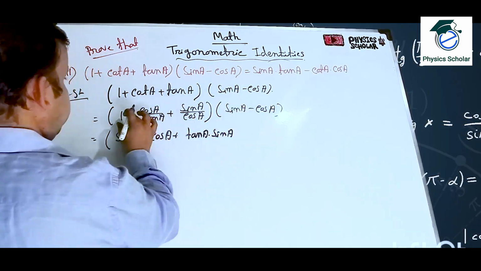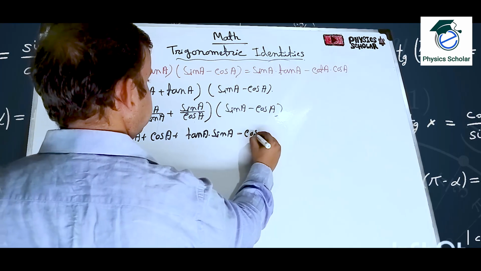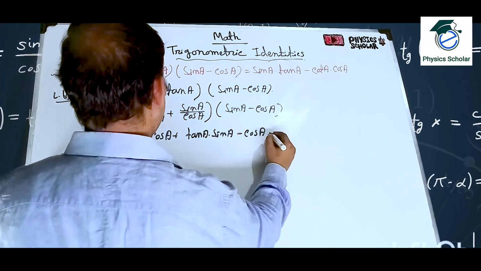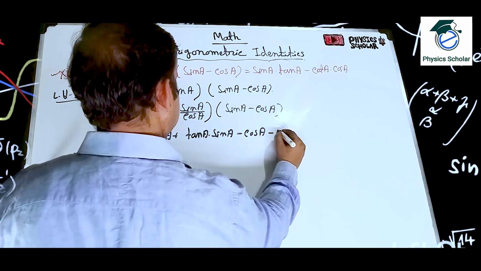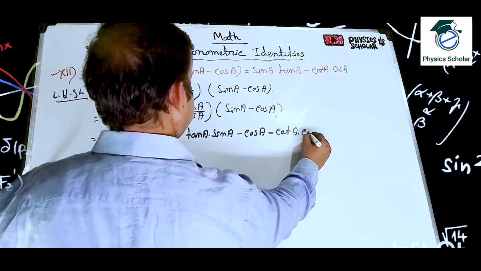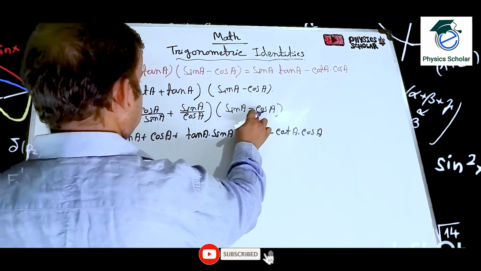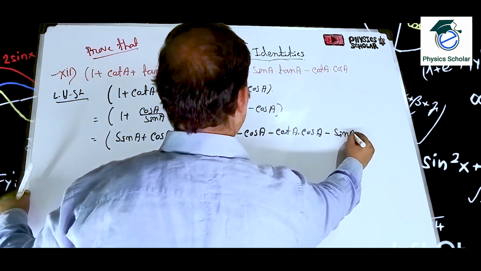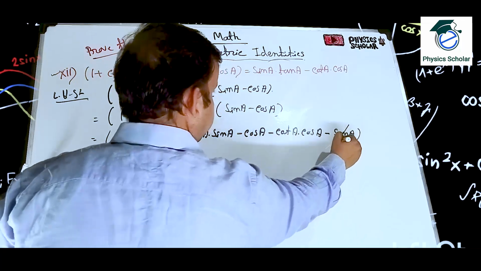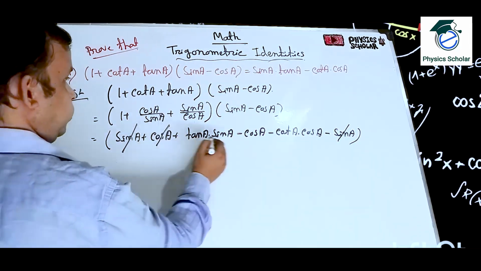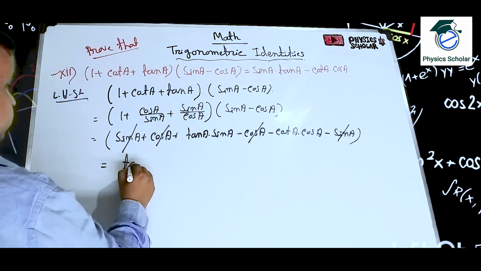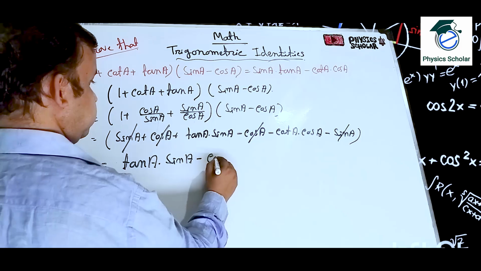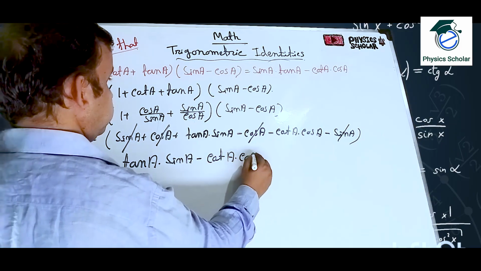Now with this, minus cos A into 1, that means minus cos A. Cos A minus cos A into this, that means cos by sin means cot, that means minus cot A into cos A, then minus cos A minus this, so cos will be cancelled, that means minus sin A. Now minus sin A plus sin A plus cos A minus cos A. So what is there? Tan A into sin A minus cot A into cos A.